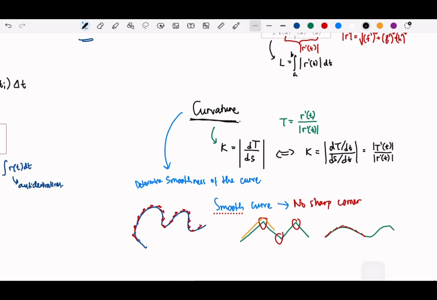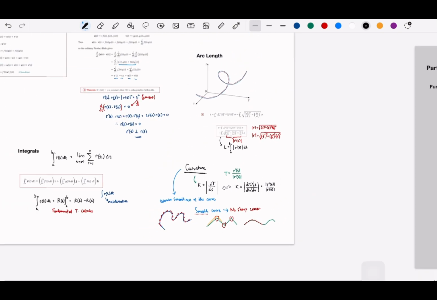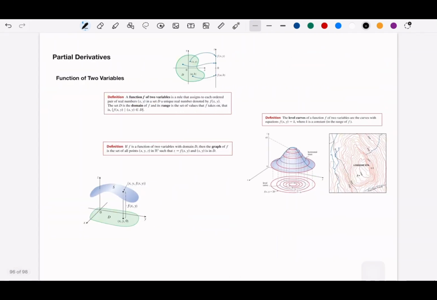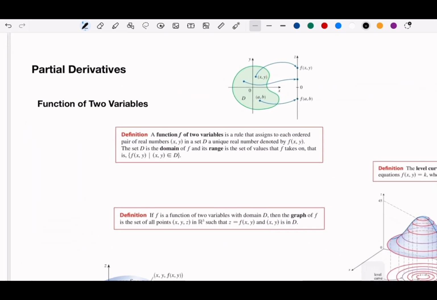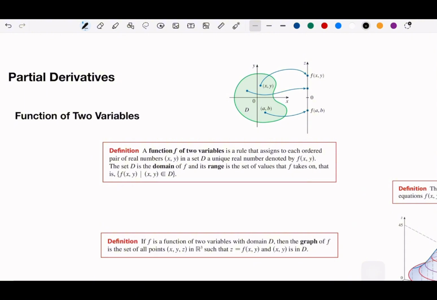And let me go forward to chapter 14, which is the partial derivatives. So we start with the very introductory part. We can start from the function of two variables, which could be understood as the pair x, y.